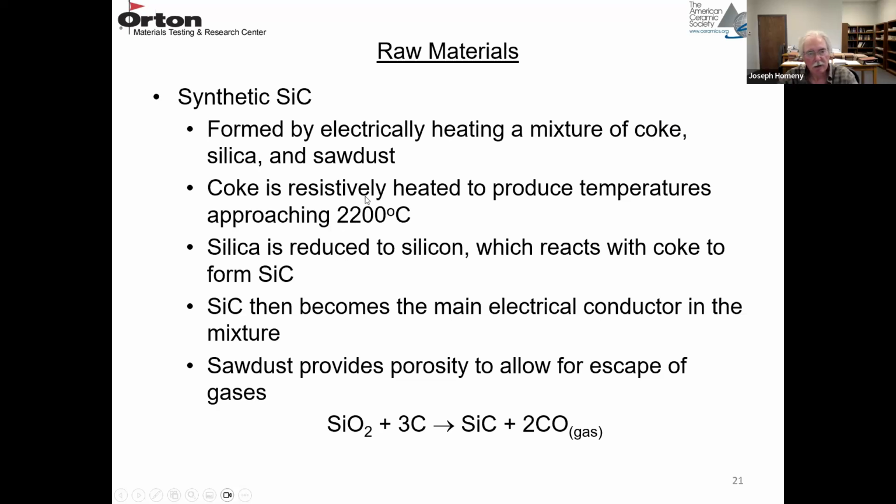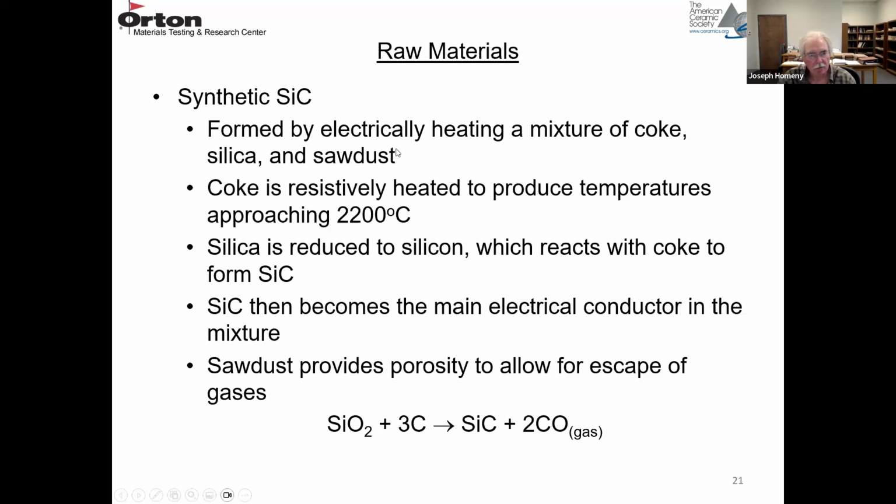So the resistance heating produces temperatures about 2200 degrees C. At those temperatures, the silica reacts with the carbon, is reduced to silicon, and then the carbon reacts with the silicon to form silicon carbide. And as you form more silicon carbide in this furnace, that also becomes an electrical conductor at high temperatures.